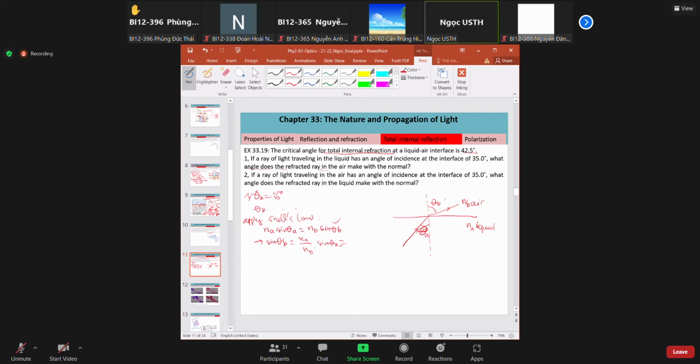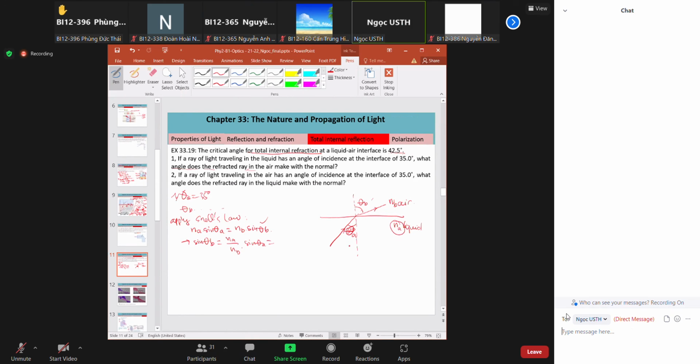Okay, now your job. Because we have the sine of the critical angle will be equal to NB over NA. Wait, I'm looking for the index of refraction, because here in this case air we know it is equal to 1, but this we don't know.